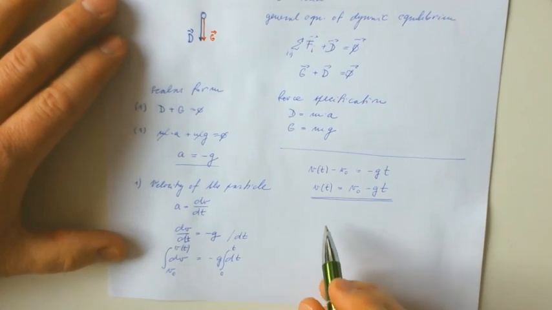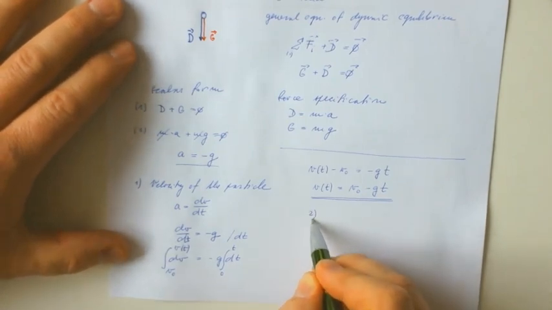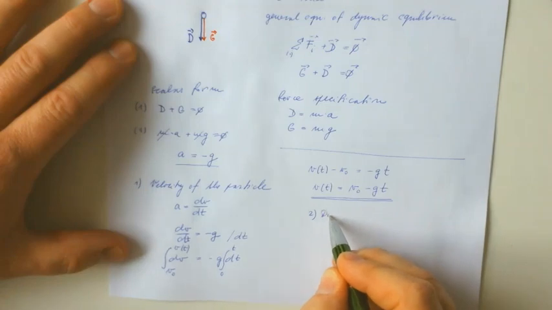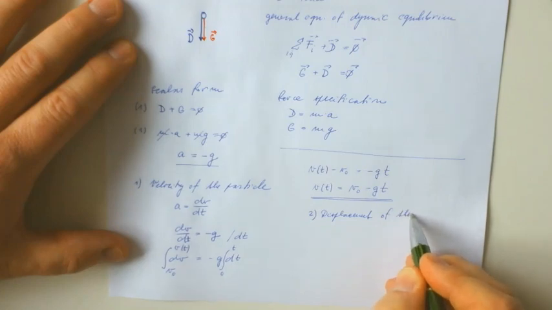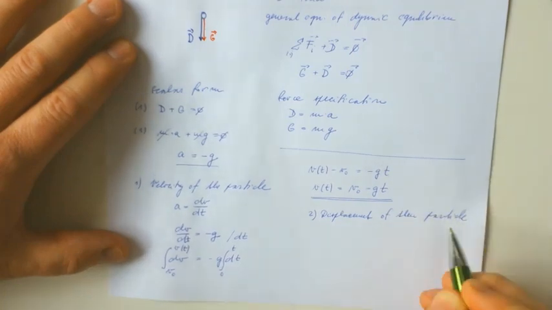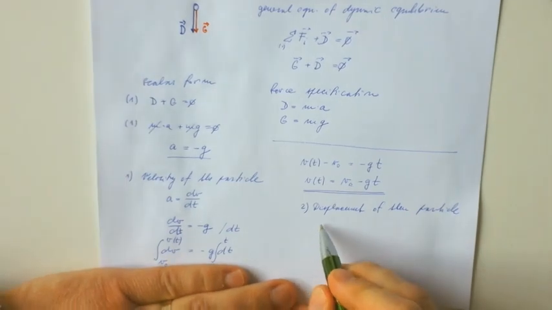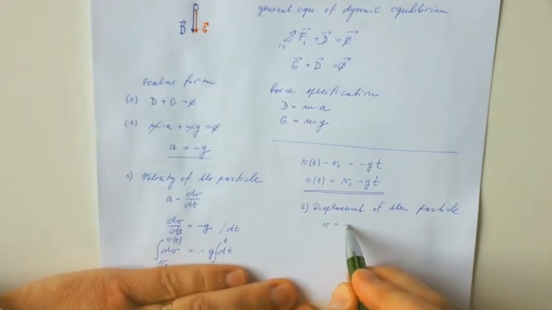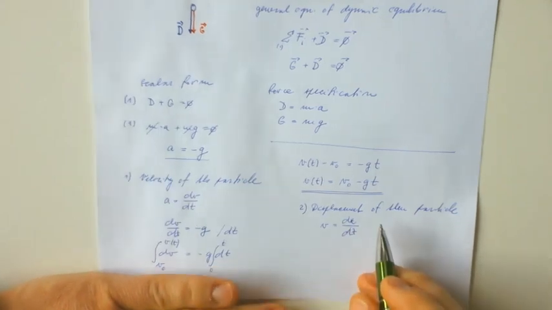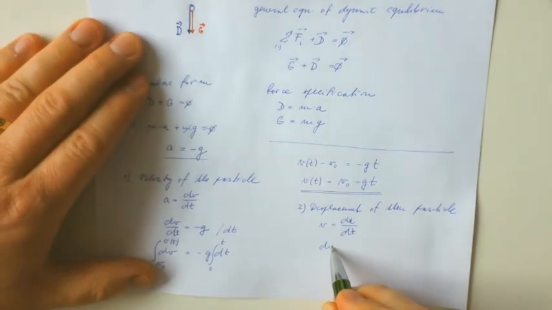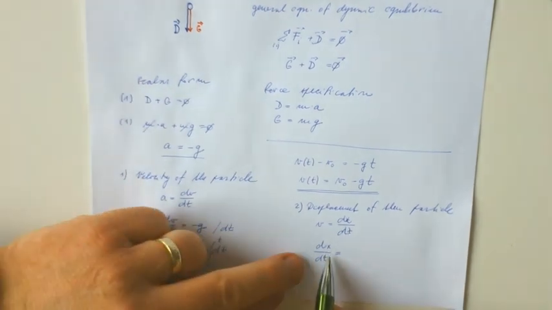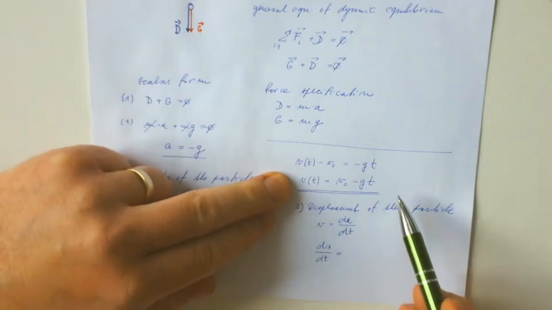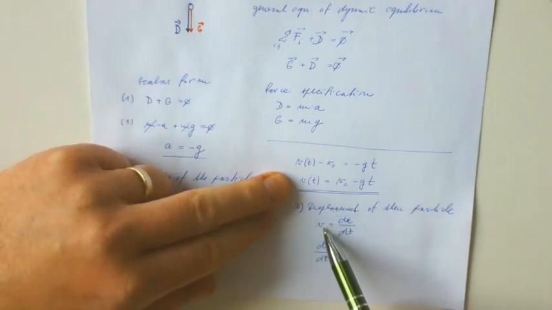So second, we can step to calculation of displacement. We use the definition that velocity is equal to the derivative of displacement with respect to time. And we can use this part of the equation and put it equal to the result of our previous calculation, because it's a velocity.